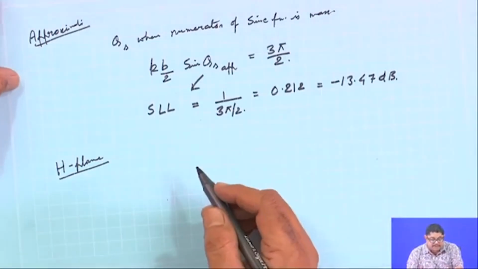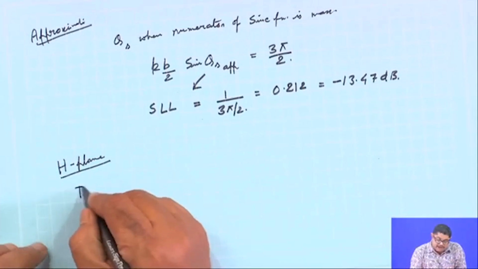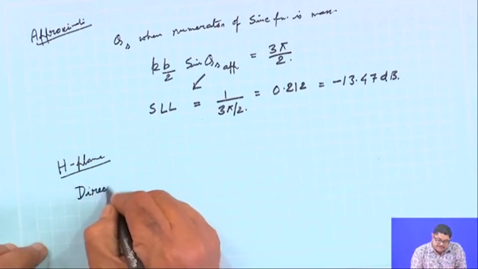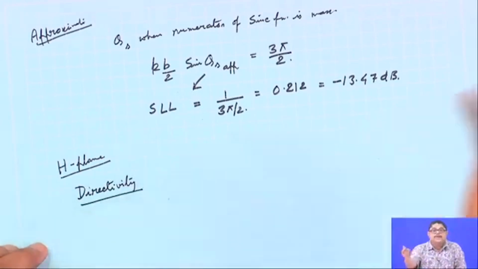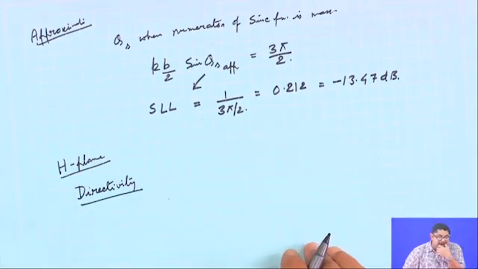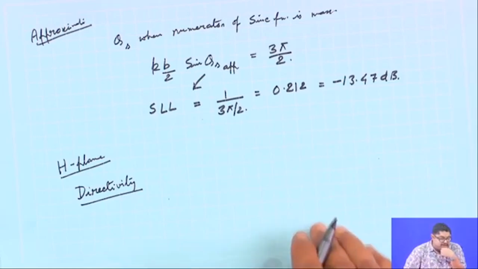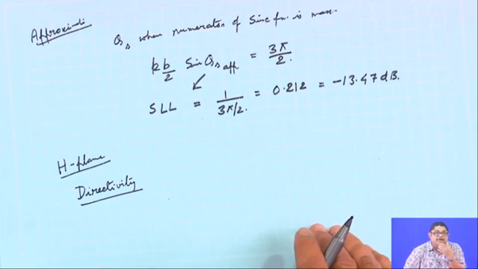Next thing that I want to say is, what about the directivity? That is an interesting thing, because now we know the fields E theta and H phi. So, we can find directivity, but if you want to do that, that means you find the PR from those E theta H phi expression, you will see that there will be an integration coming, which is not so easy to solve, it is a cumbersome thing.